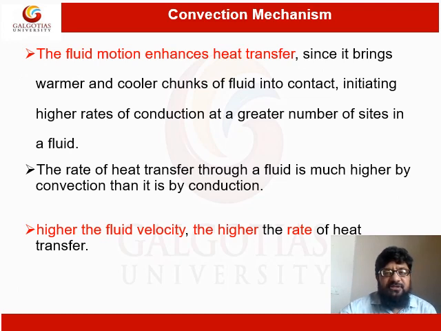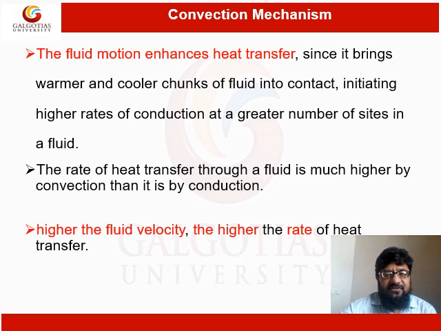The fluid motion enhances heat transfer because it brings the warmer and cooler chunks of fluid into contact, thus initiating a higher rate of conduction at a greater number of sites in a fluid. The rate of heat transfer through a fluid is much higher by convection than by conduction.